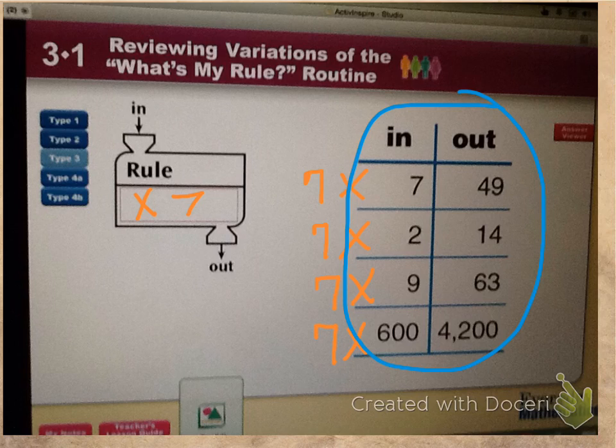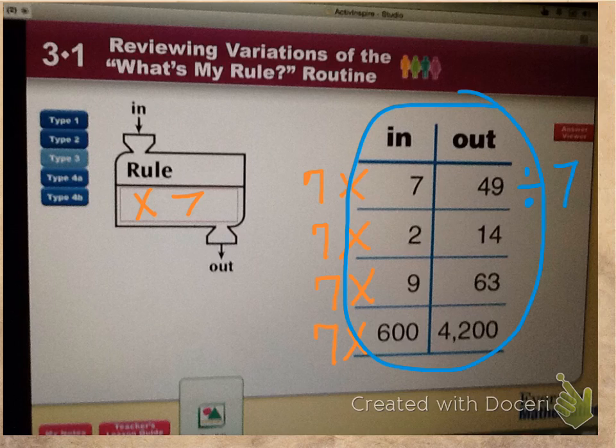But I could have also gone the other route, and the opposite of multiplication is division. So I could have divided by 7 on the outside, and then I still would have had the same answer.